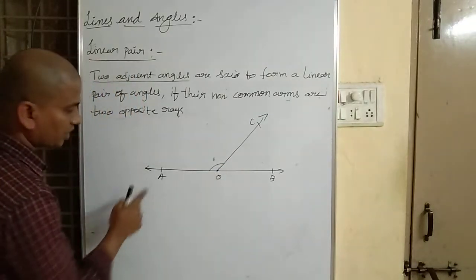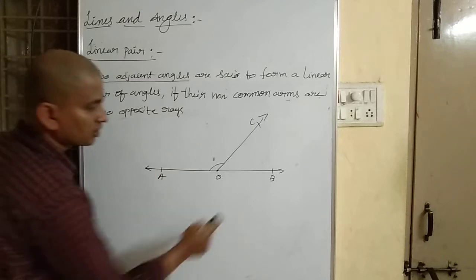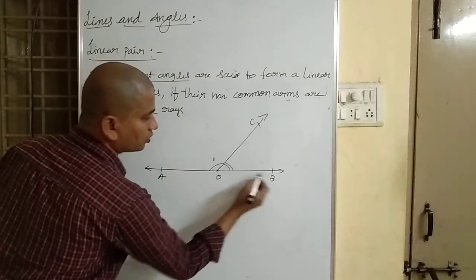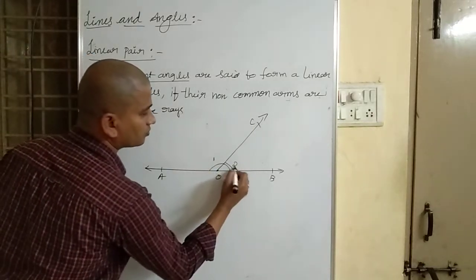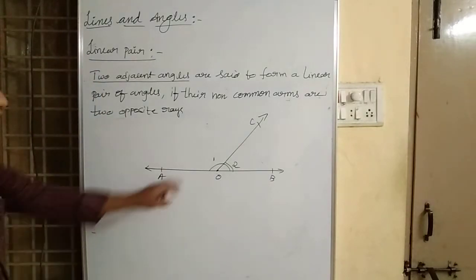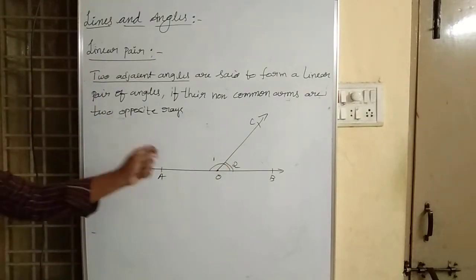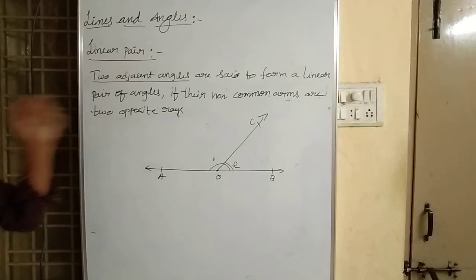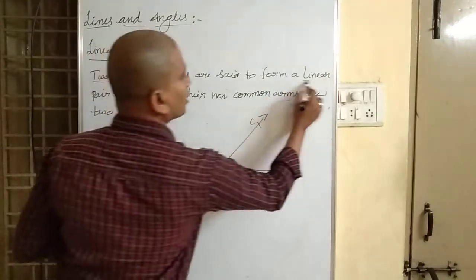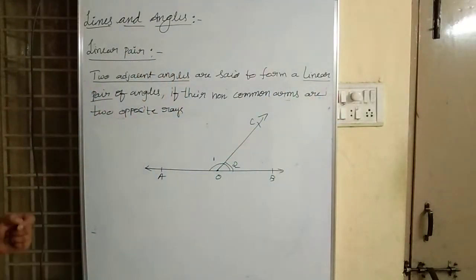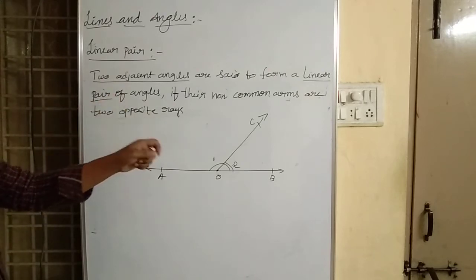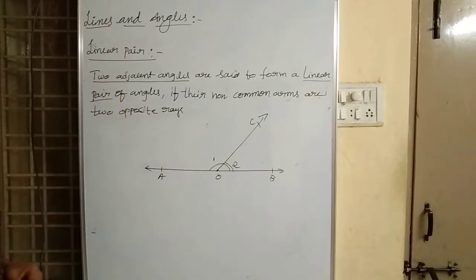Angle 1 that is AOC, angle 2 that is BOC. Two adjacent angles are said to form a linear pair of angles if their non-common arms are two opposite rays.